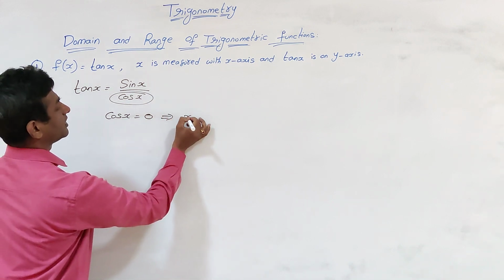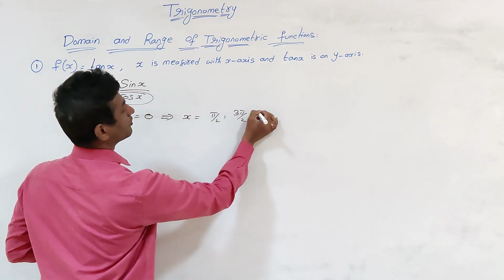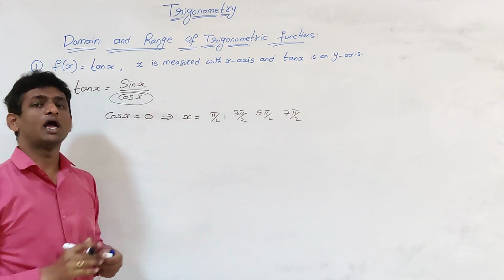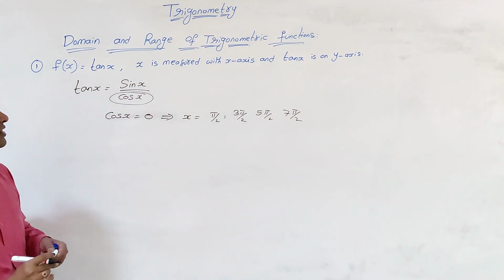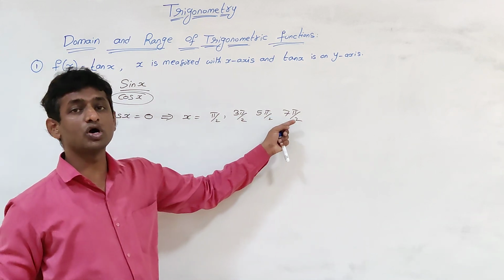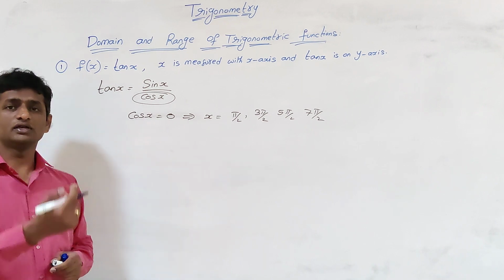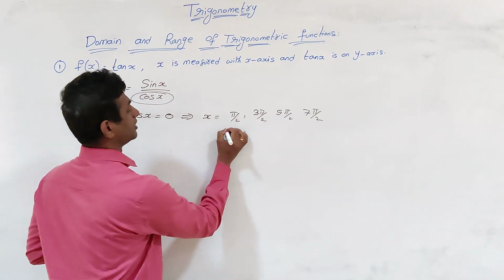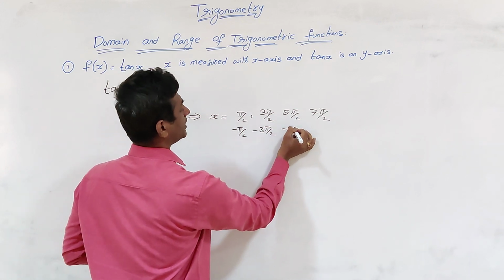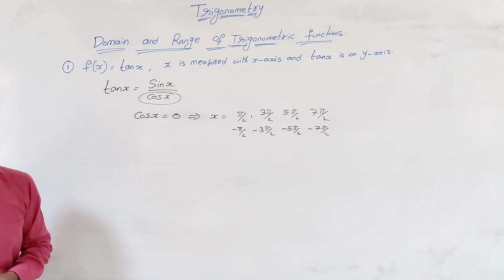Implies if x is equal to pi by 2, 3 pi by 2, 5 pi by 2, 7 pi by 2, if it rotates in the anti-clockwise direction, the values of cos pi by 2, cos 3 pi by 2, cos 5 pi by 2, cos 7 pi by 2 will be 0. Similarly, if it rotates in the clockwise direction, means minus pi by 2, minus 3 pi by 2, minus 5 pi by 2 and minus 7 pi by 2, and so on, also the values will be zeros.